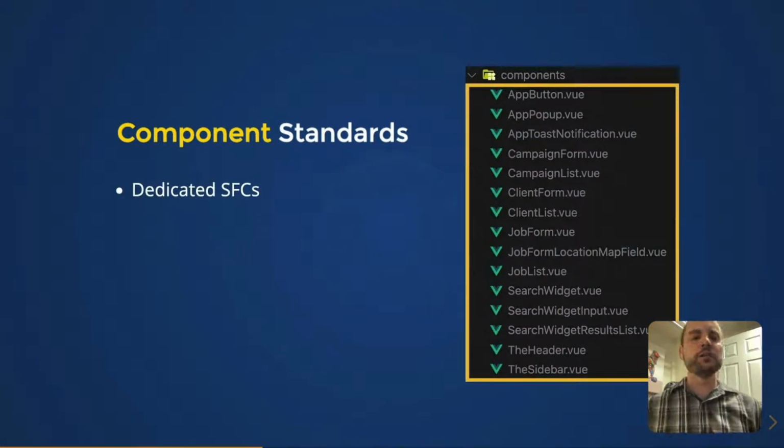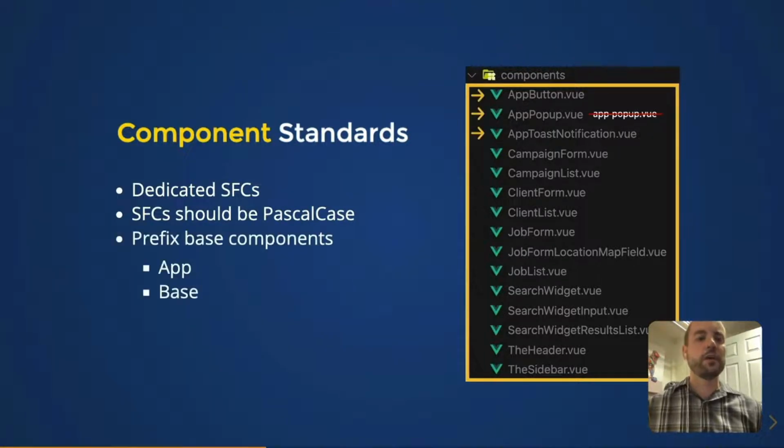The first one mentioned in the Style Guide is that we really should be using dedicated single-file components. There's really no good reason, unless you're not using a build tool, to not just put all your components in a dedicated Vue file. Also, your single-file components should be named in Pascal case.